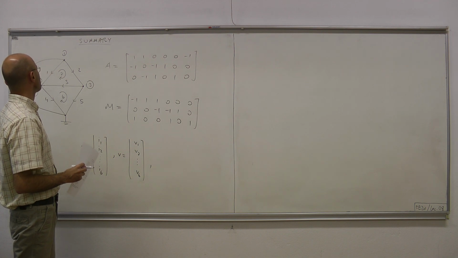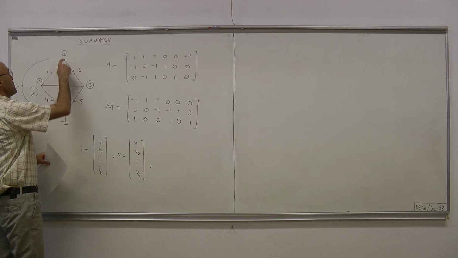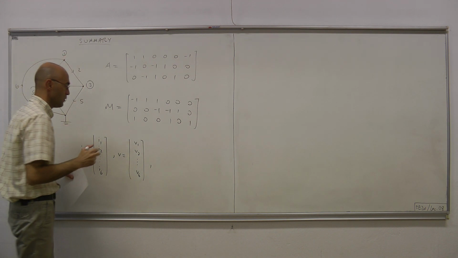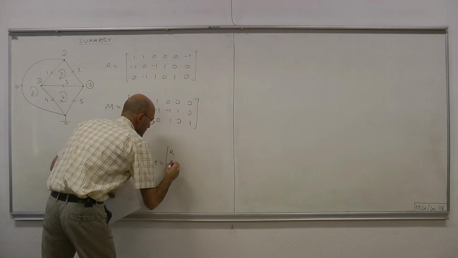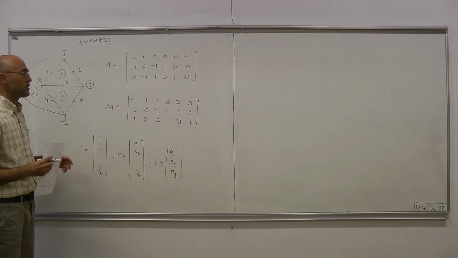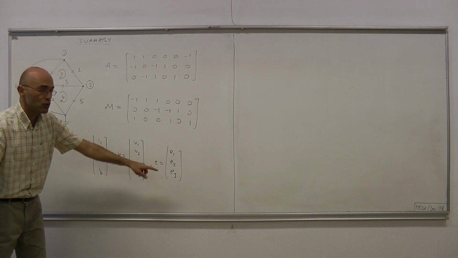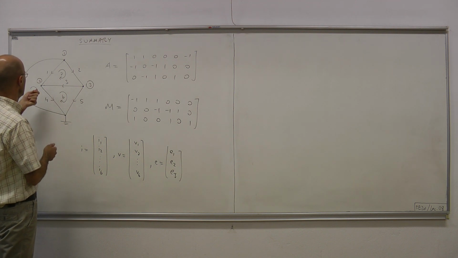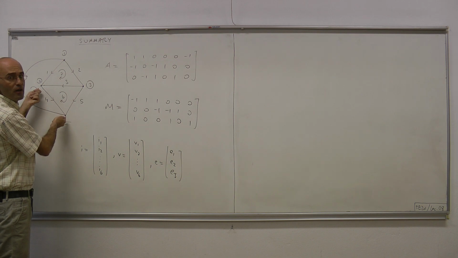Also, we defined the node voltage vector. In this case we have E1, E2, and E3. We don't count the reference node. This is our node voltage vector, and E2, for example, is the voltage that you would measure if you have a voltmeter and you connect the positive probe to node 2 and the negative probe to the ground.